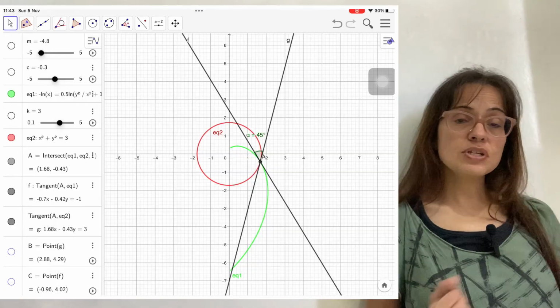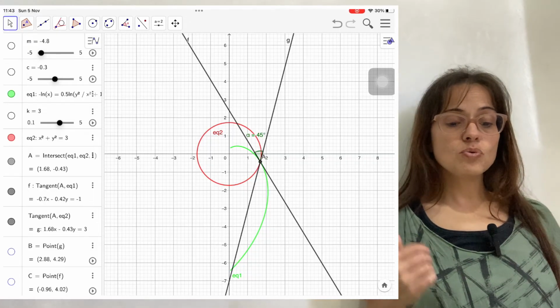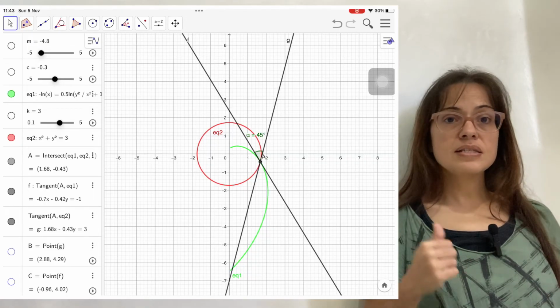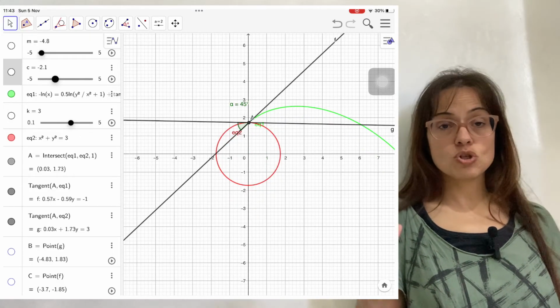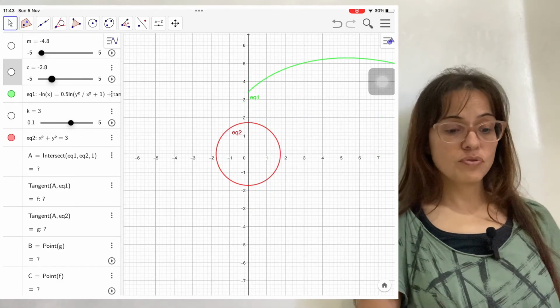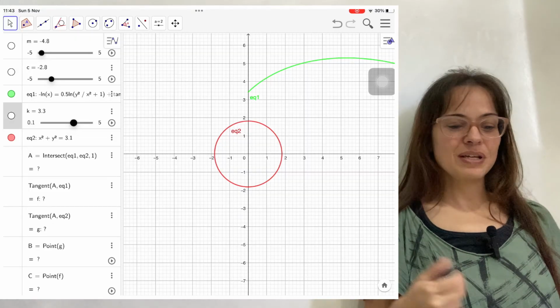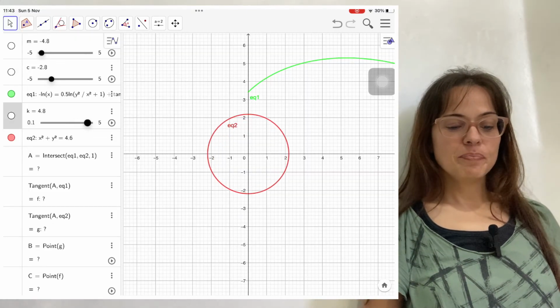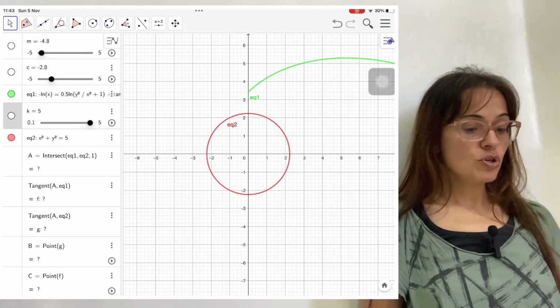And finally, this one is the one in the end. The green curve is the very complicated curve that we got as a solution to that homogeneous differential equation. Of course, it looks complicated because it is a complicated equation, but it changes depending on the parameter that we are using.